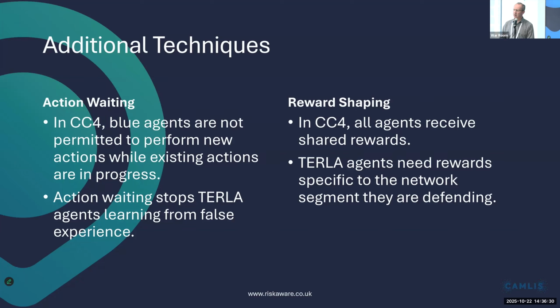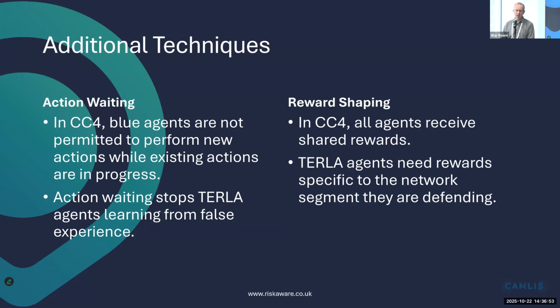And in fact, the way the environment deals with that is it silently converts any new actions into the sleep action. And then, of course, the agent gets a reward based on having done nothing, even though it thinks it did something else. So we didn't want TERLA agents to learn from that false experience. So we implemented an approach where we don't actually send observations to TERLA agents unless they're permitted to perform an action.